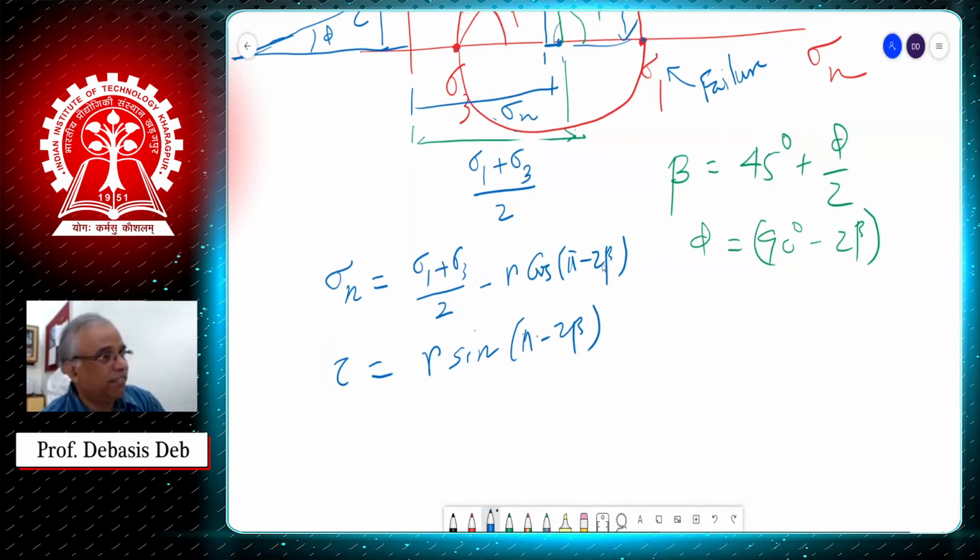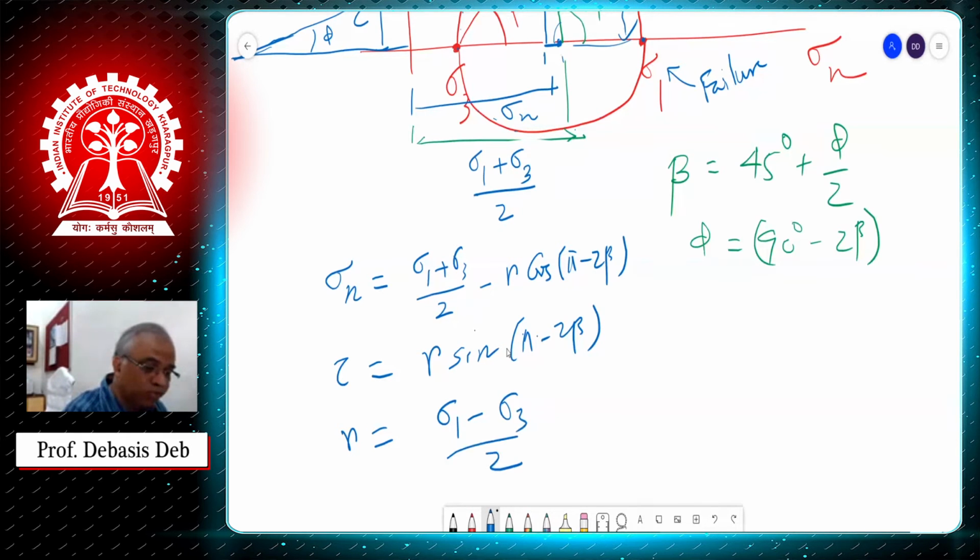Okay, here you can replace it, and r you can replace it by what? What is r? Radius is equals to sigma 1 minus sigma 3 by 2, right? This is what is r.